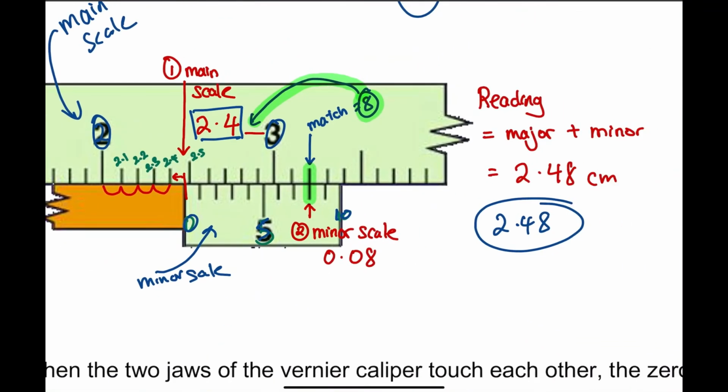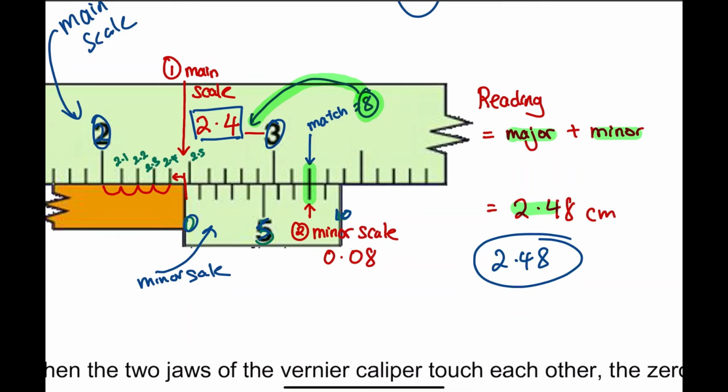That is my reading. So therefore, just need to remember reading is major plus minor. 2.4 plus 0.08. So therefore, it gives me 2.48 cm.